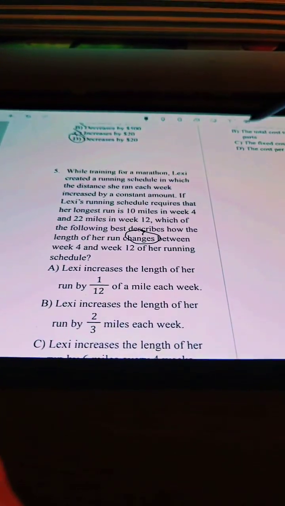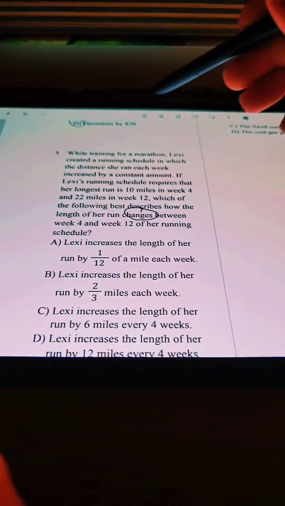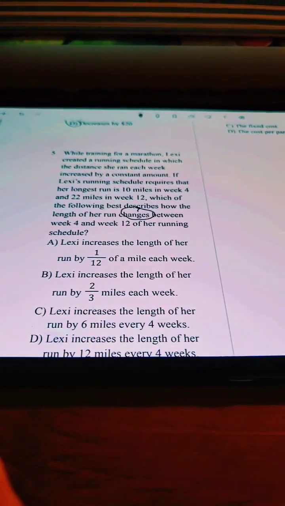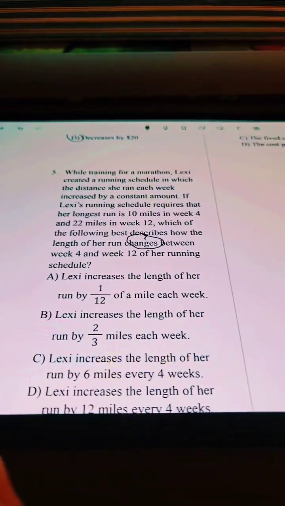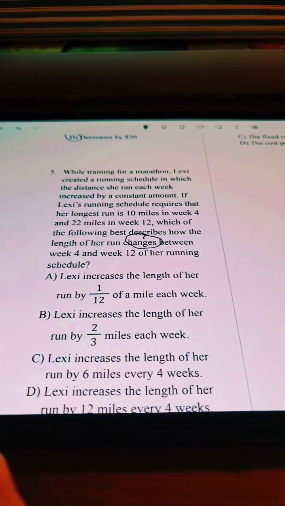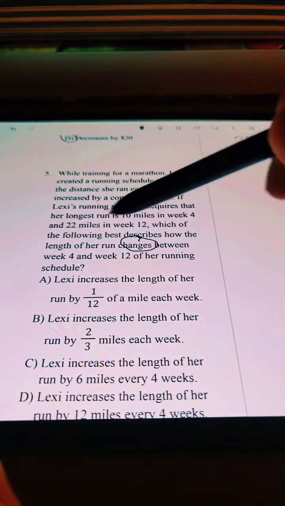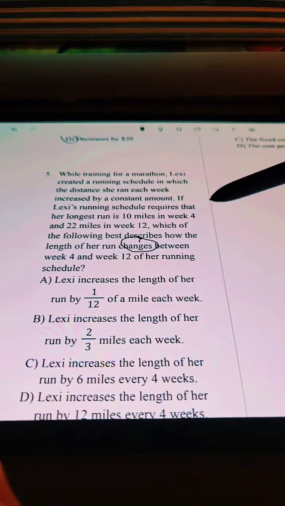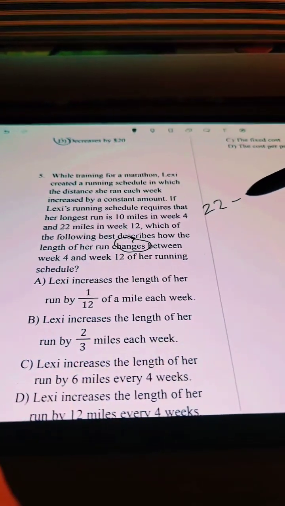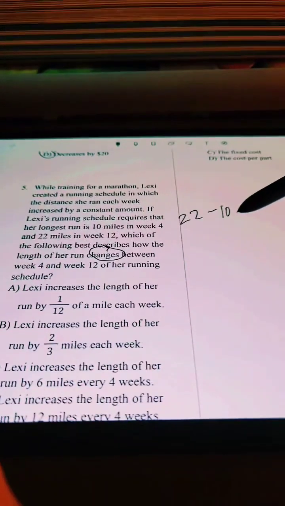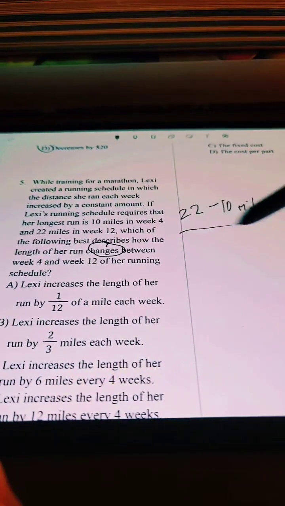Okay, so again, you have that word changes. It doesn't really help you as much with this type of problem, but it's a little bit helpful, because it tells us that we're going to be doing something regarding rate of change, slope. So let's see, it's going to be 22 miles minus the 10 miles. I'm going to put miles right here just so we can see the units.